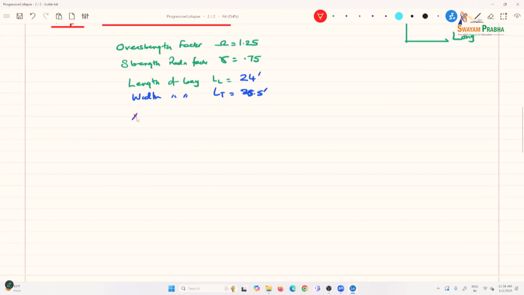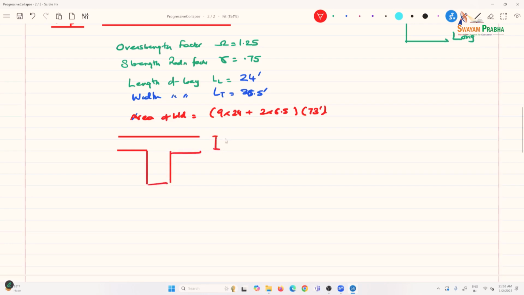So the area of the building is 9 times 24 plus 2 times 6.5, multiplied by your 73 feet. Beam dimensions are given, it's a 4-inch slab and the beam itself is, this is the dimensions of primary beams between columns.